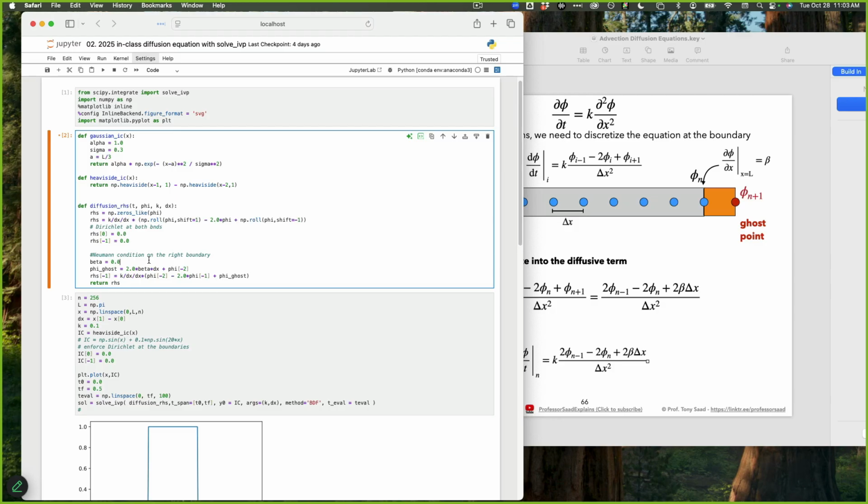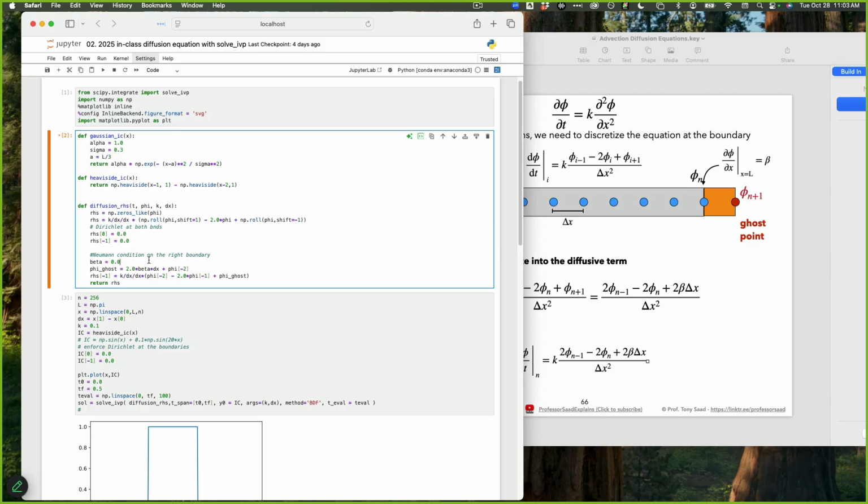Now, if d phi by dx is positive on the right boundary, then the curve needs to be going up on the right boundary, right? Because then you're saying phi outside the boundary minus phi inside the boundary over delta x is positive. So phi outside the boundary must be greater than phi inside the boundary, correct? And therefore, the curve needs to be sloping up. Okay?